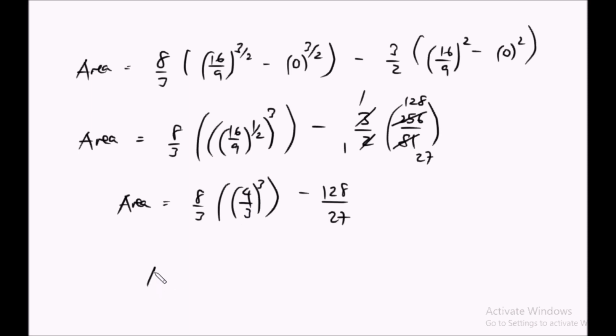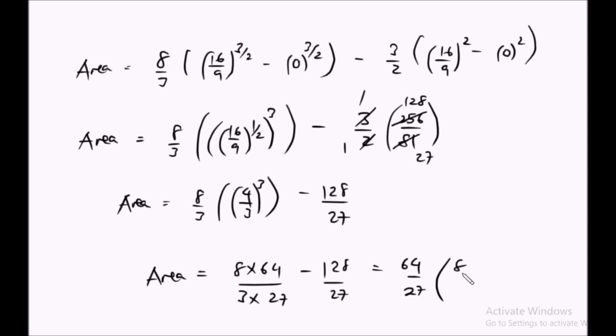So area now, I don't use a calculator. So 4 cubed is 64, so we have 8 times 64 over 3 times 27, minus 128/27. So I can take out this 64/27. So here I remain with 8/3 minus, 128 divided by 64 is 2, 27 divided by 27 is 1.